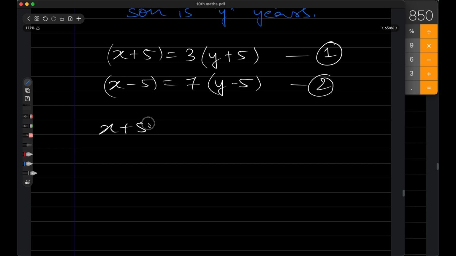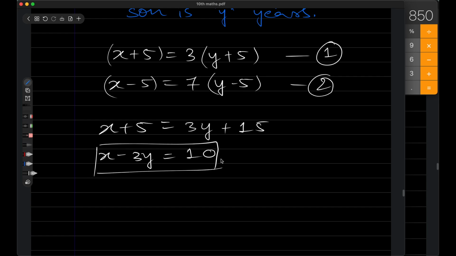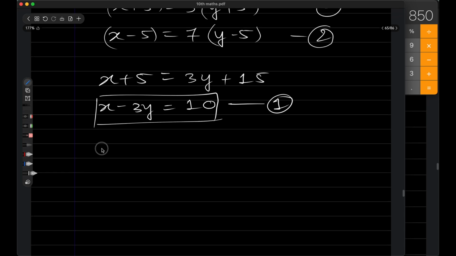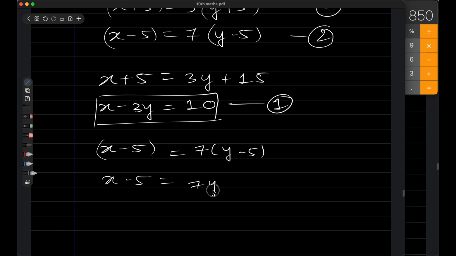We have X plus 5 equals 3Y plus 15. Take the constant on one side and variable on the other side. You will get X minus 3Y equals 10. This is the simplified first equation. Second equation, that is X minus 5 equals 7 (Y minus 5), so X minus 5 equals 7Y minus 35.